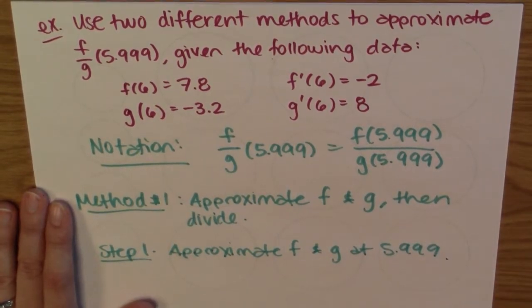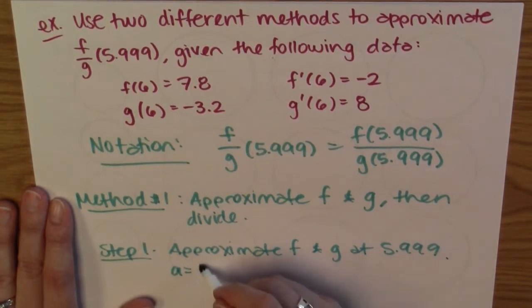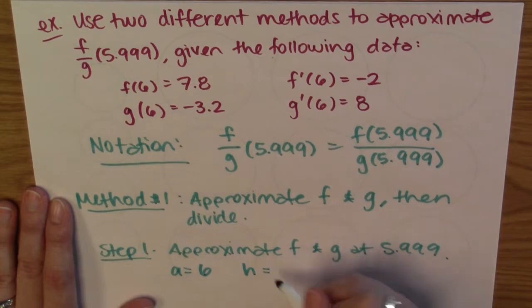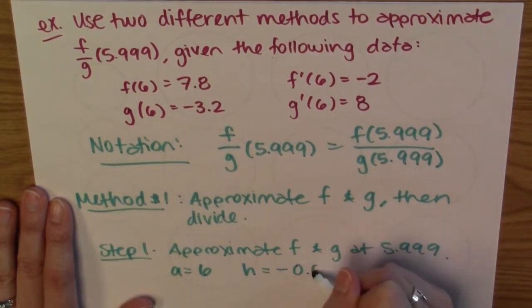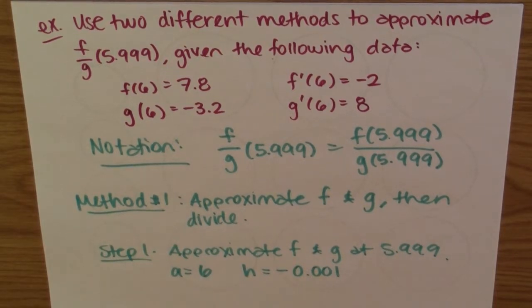So in this case, we have our a, the nearby value where we know a whole bunch of things, that's 6, and our h, the value we move away from that value, is negative 0.001. So we remember that we are looking at f and g at some value, and we want to move away some amount, and we want to use this tangent line data that we know.